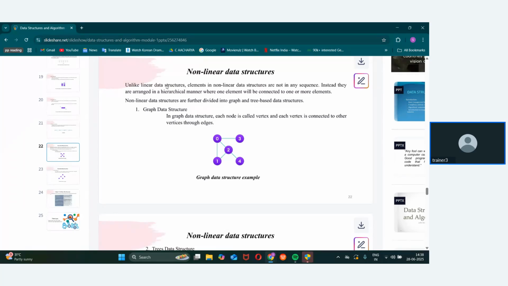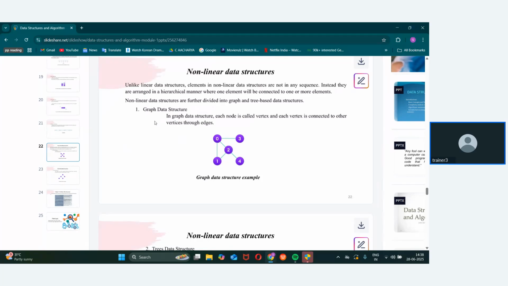So, unlike linear data structures, elements in non-linear data structure are not in any sequence. Like, if you can see here, we do not have any sequence. Instead, they are arranged in a hierarchical structure, where an element will be connected to one or more elements.